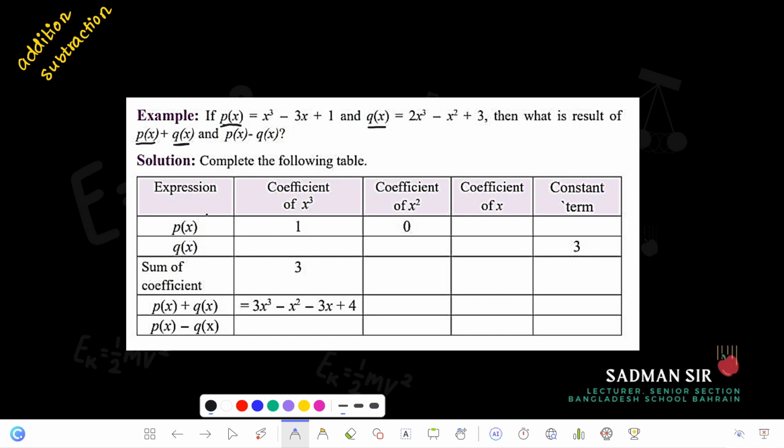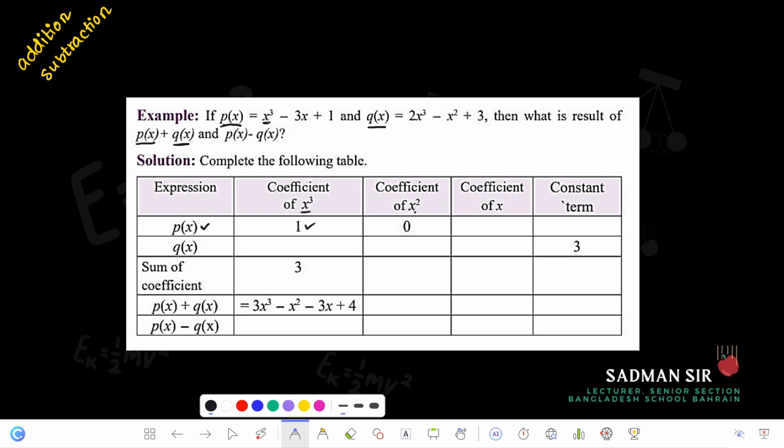Okay, so here in the table you can see the expression in p of x. What is the coefficient of x cube? In p of x, x cube is here, and with that we don't see a number written. Whenever a number is not there, that means the coefficient is 1. It is already filled up. Okay, and then the coefficient of x square in p of x: there is no term of x square, right?